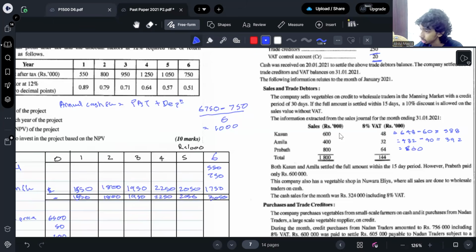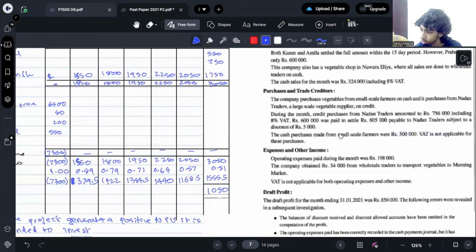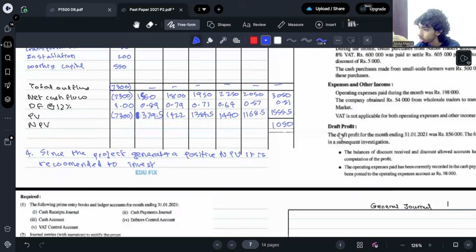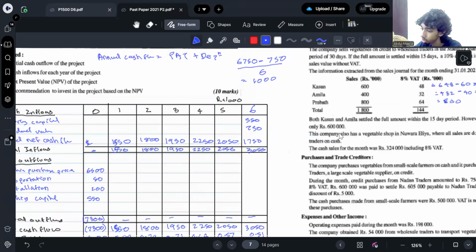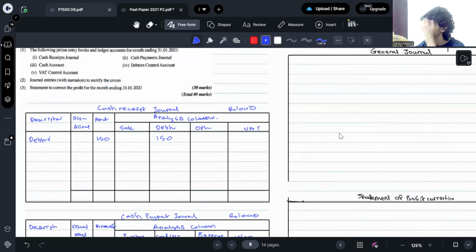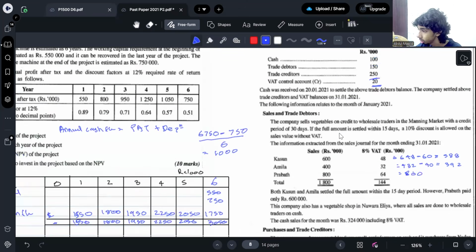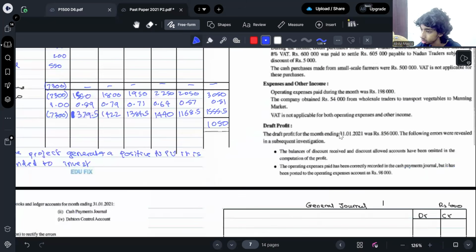Prabhat will pay only 600, right? Prabhat is paying 600. Okay, so you have to record it in the cash receipt journal. Kasun, Amila, Prabhat. Kasun will be paying in cash 588.